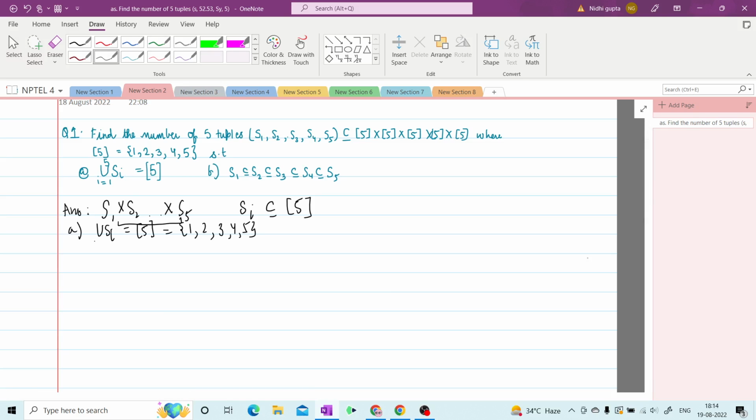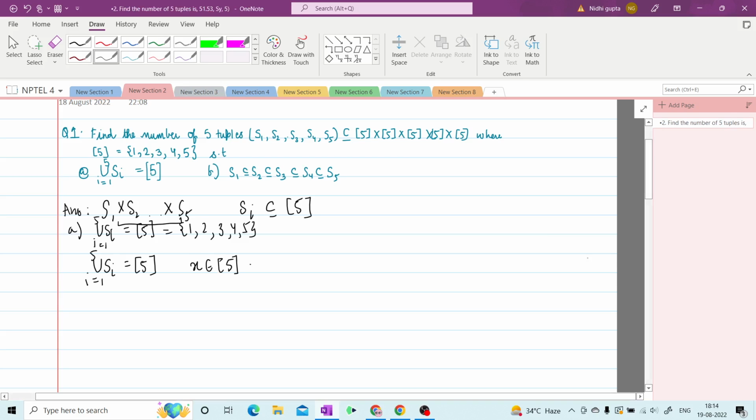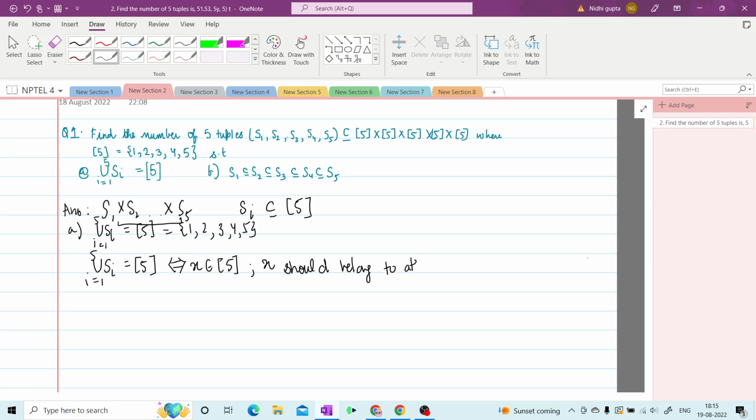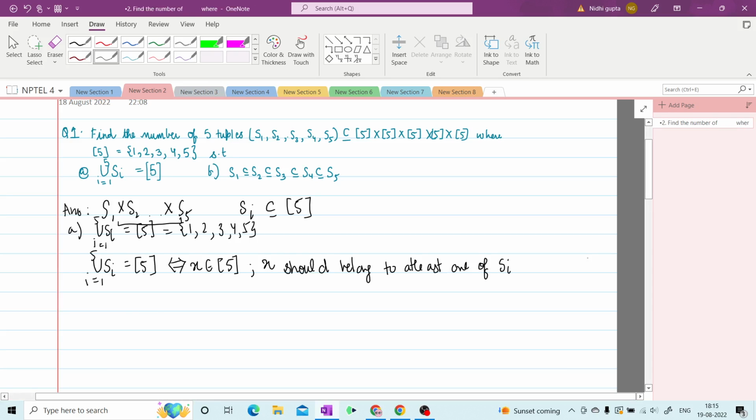So first of all, if we are saying the union of Si, i going from 1 to 5, is [5], what do we mean by that? That if we have X belonging to [5], then X should belong to at least one of Si, isn't it?